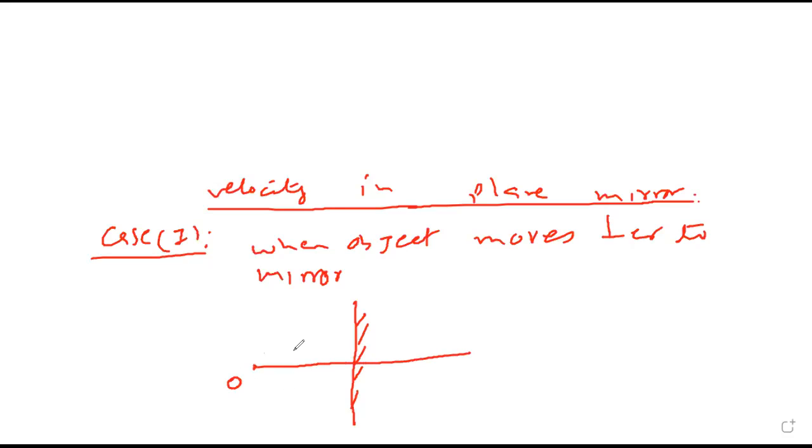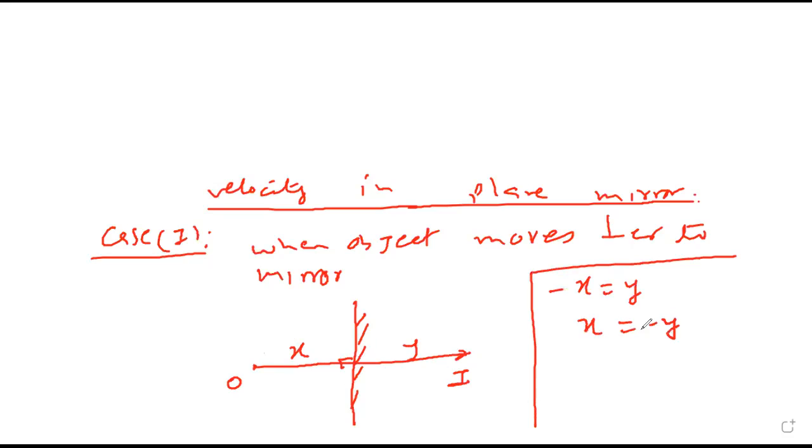So if this is the object at distance x from the plane mirror, then the image will be formed behind. Are x and y the same for a plane mirror? Yes. But x is on the left, so I'm writing minus x equal to y. Therefore x we can write as minus y with respect to the mirror.